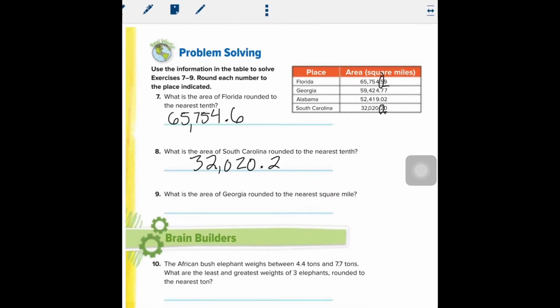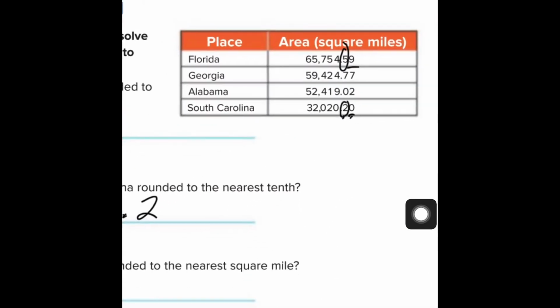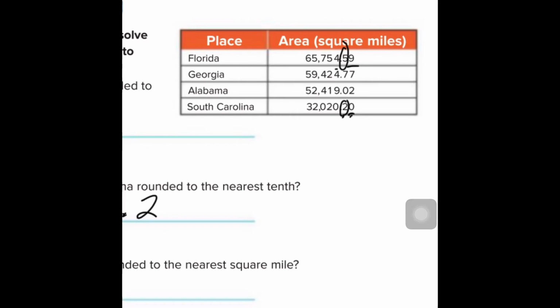Number 3, what is the area of Georgia rounded to the nearest square mile? Well, here's Georgia. Now this is tricky because they don't tell you a place value. The nearest square mile, that usually refers to a whole number. So if you look at Georgia, this one is going to be our target because that's the nearest square mile or the nearest whole number.